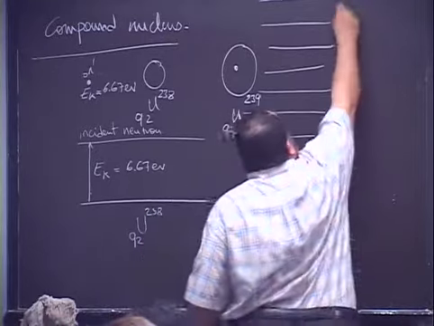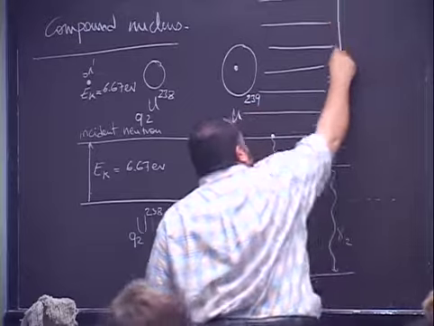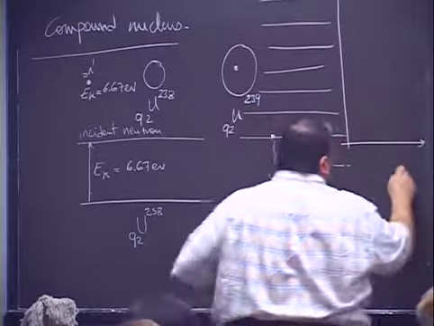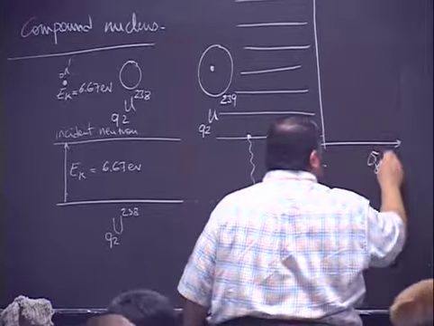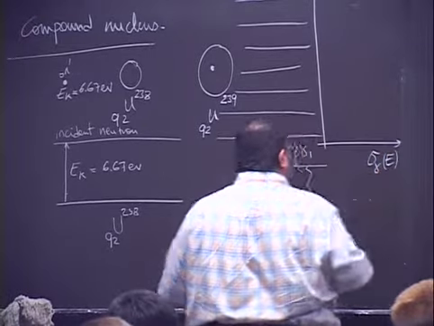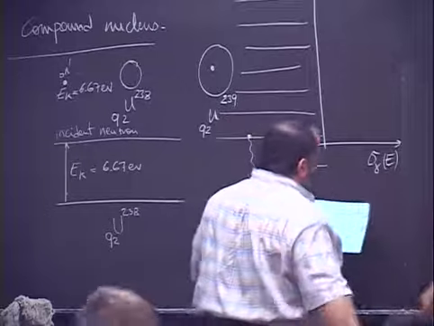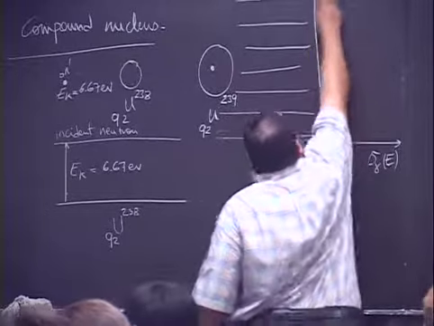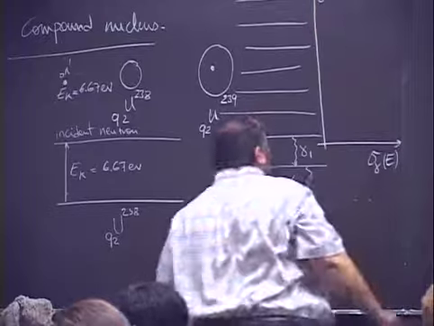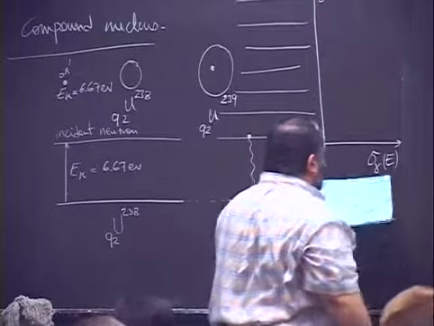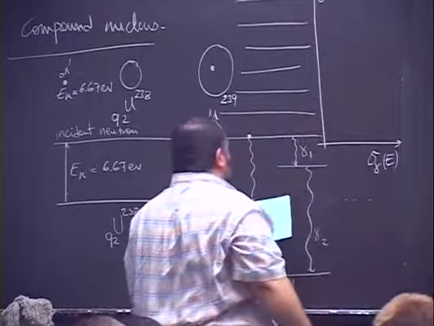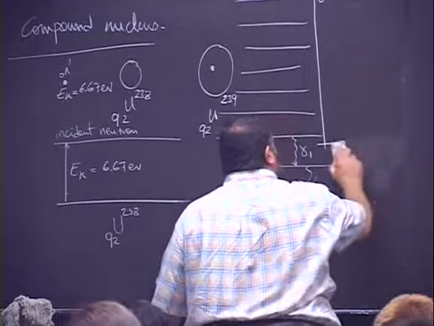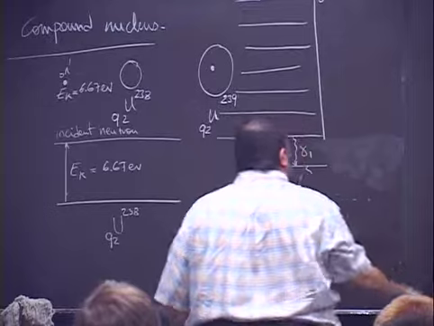So if you have the cross section, sigma gamma, represented in the x-axis here, and in the y-axis is the energy. You'll notice that the cross section is just the probability of interaction of the neutron with the nucleus.